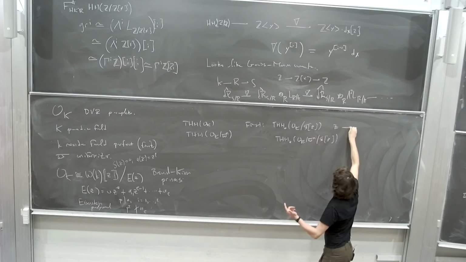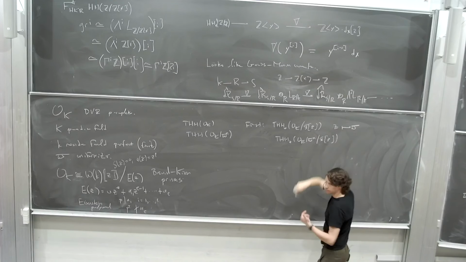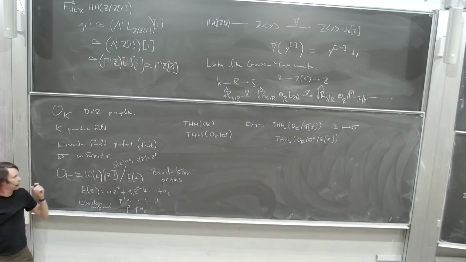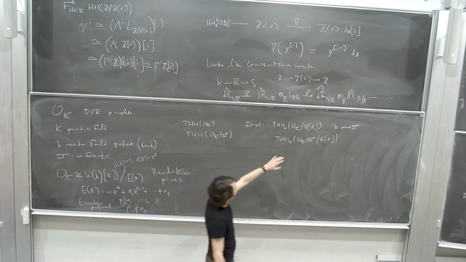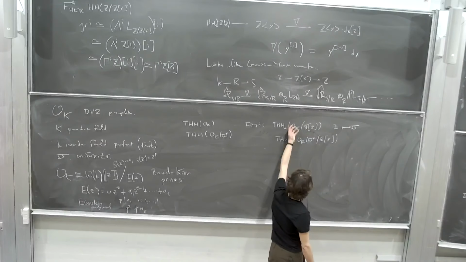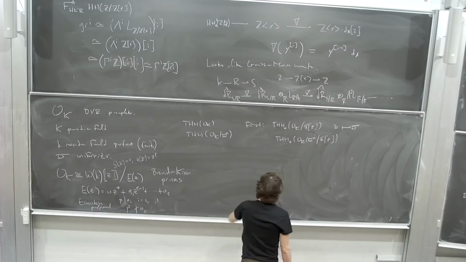And here Z is going to go to the uniformizer pi. Okay, and so that makes these canonically into S adjoin Z algebras, and so we can consider the THH.